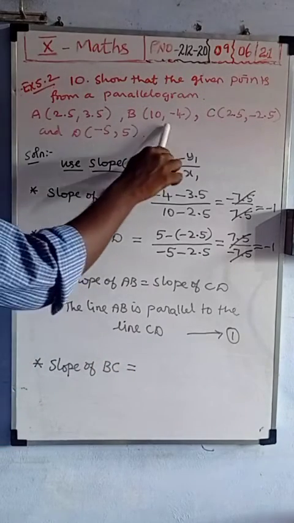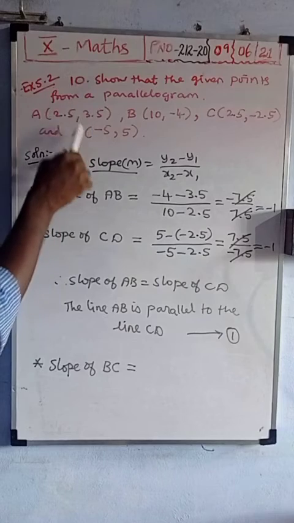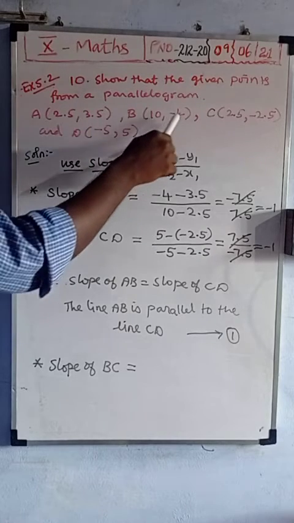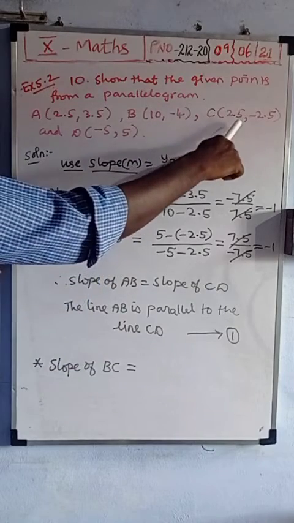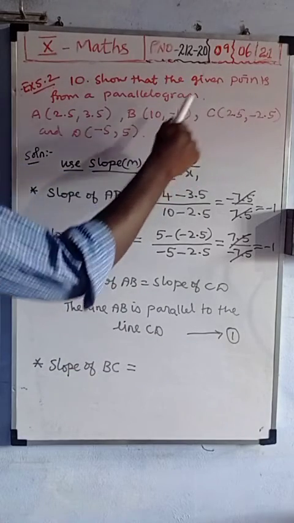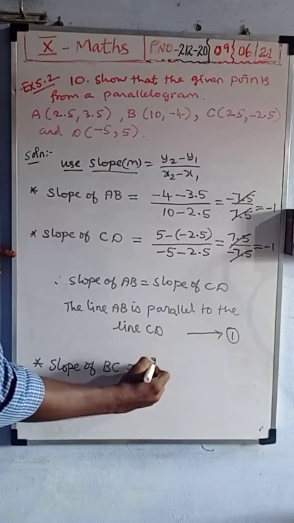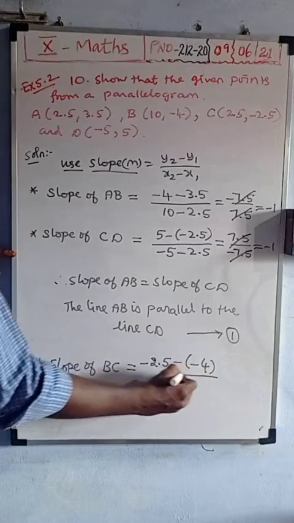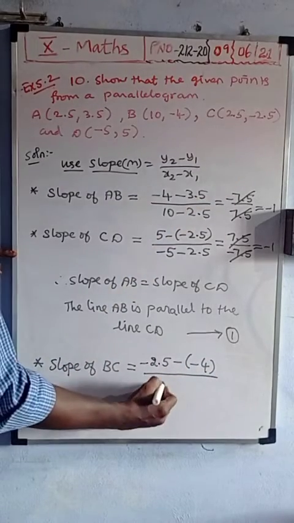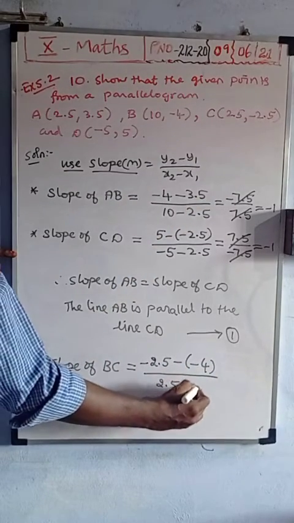Next we want to find the slope of BC, whose opposite side is AD. B point is (x1, y1), C point is (x2, y2). So y2 minus y1: minus 2.5 minus of minus 4, divided by x2 minus x1: minus 2.5 minus 10.